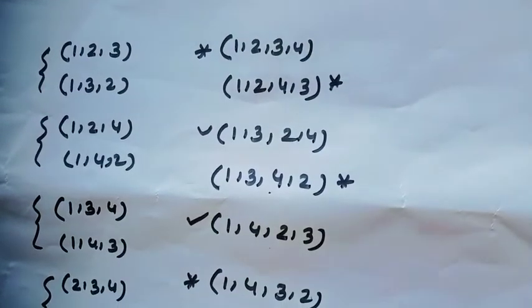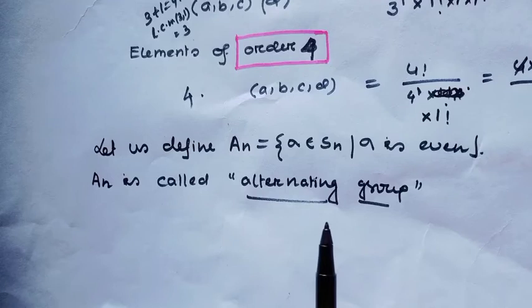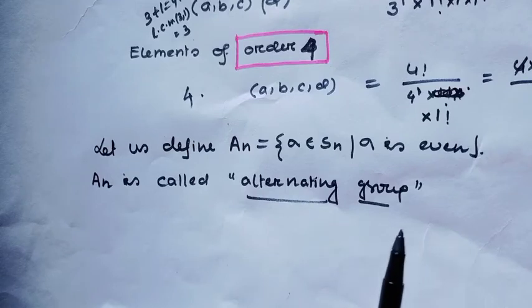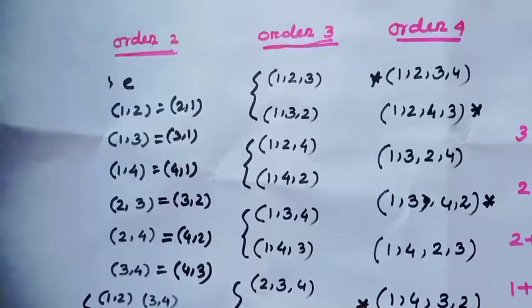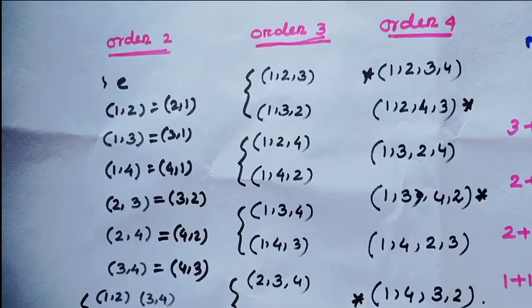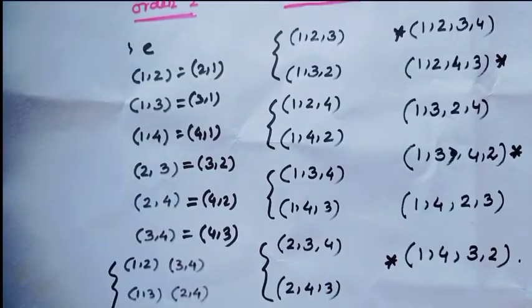Okay? Now let's see another permutation group, An, which is called the alternating group. And this is actually the set of all even permutations. Okay, so in S4, which are even permutations? Identity.